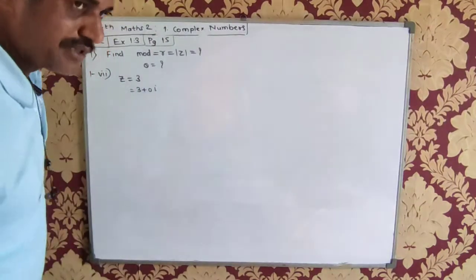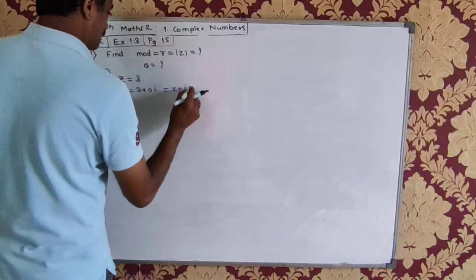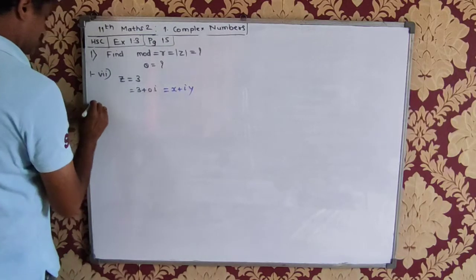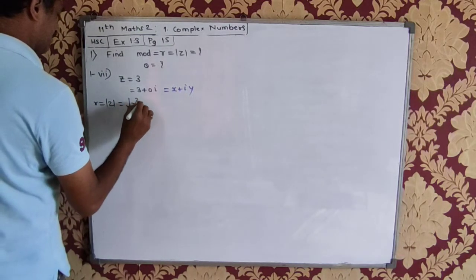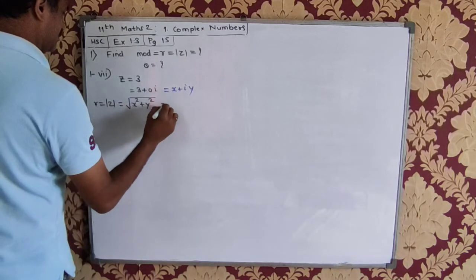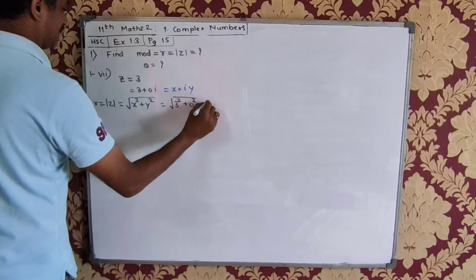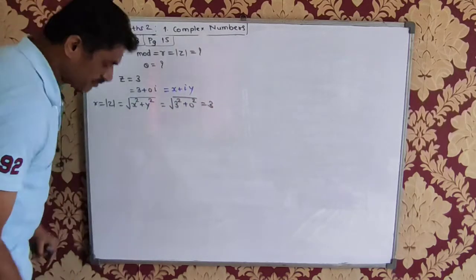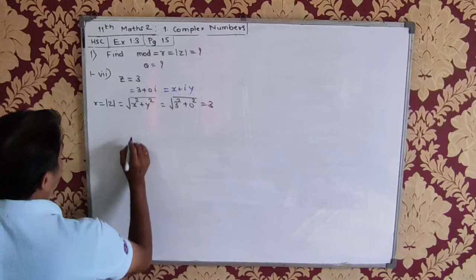Question number 4. z is equal to 3, meaning 3 plus 0i, that is equal to x plus iy. So r is equal to mod of z, which is equal to square root of x square plus y square, that is root of 3 square plus 0 square, that is equal to 3. Amplitude: first of all, let us denote it on the Argand diagram, the complex plane.